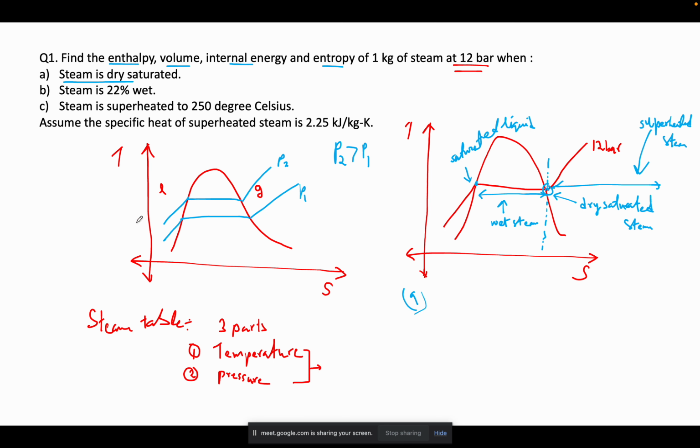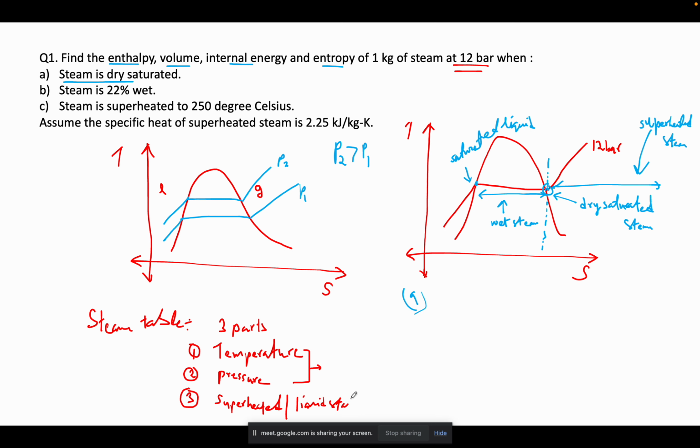I will show you by doing the next problem that if both are given, you can use either of these two and you will get approximately the same answer. The third part is the one which contains the superheated or the compressed liquid part.